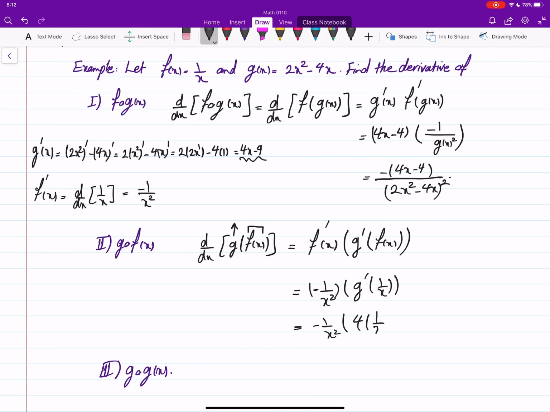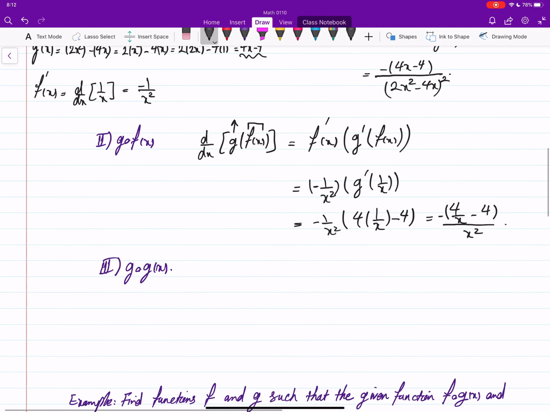So 4 times 1 over x minus 4, and that gives us (4 over x) minus 4 over x squared. This guy is multiplied by a minus. That's what we have there.